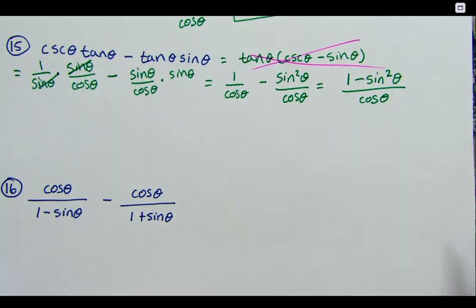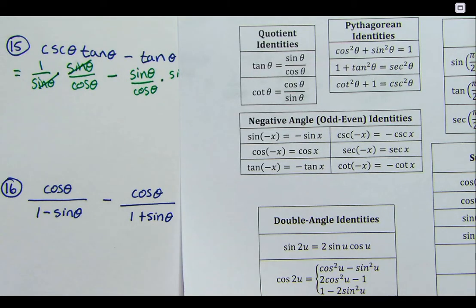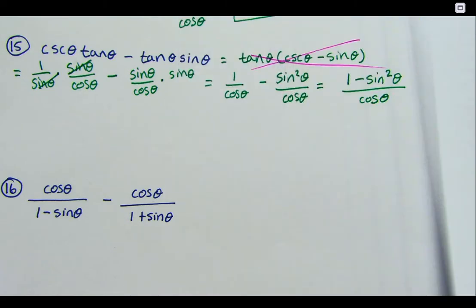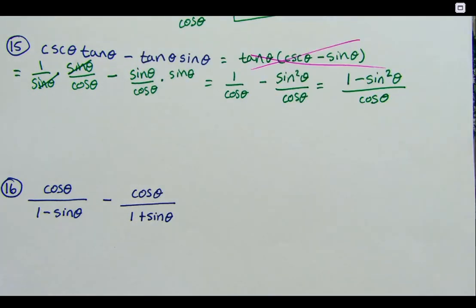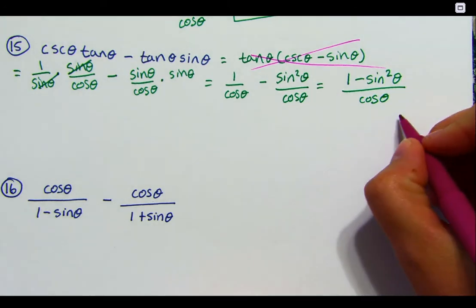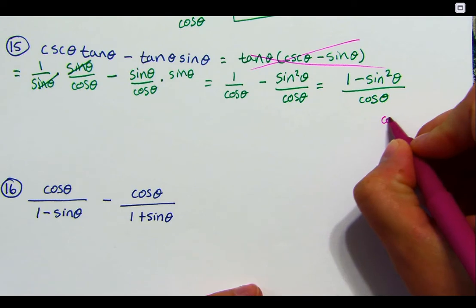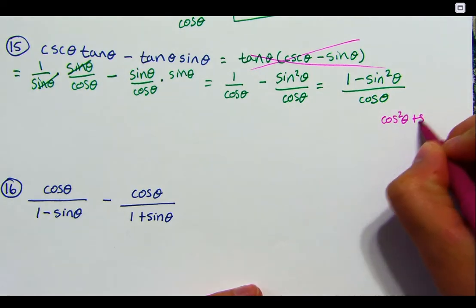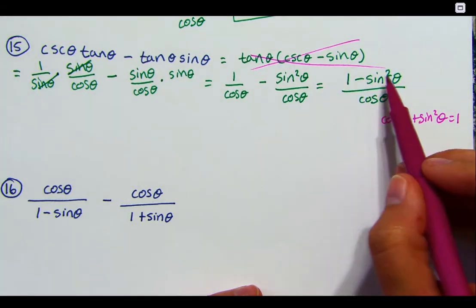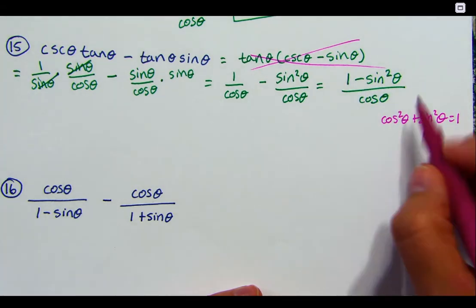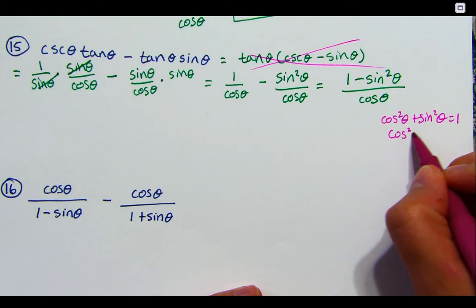Okay. And now I can go and look for a Pythagorean identity. So here I have 1 minus sine squared. So again, if we do a little bit of side work, originally it is cosine squared theta plus sine squared theta equals 1. But I want to make this one look like my numerator. So that means I'm going to have to subtract that sine squared over.